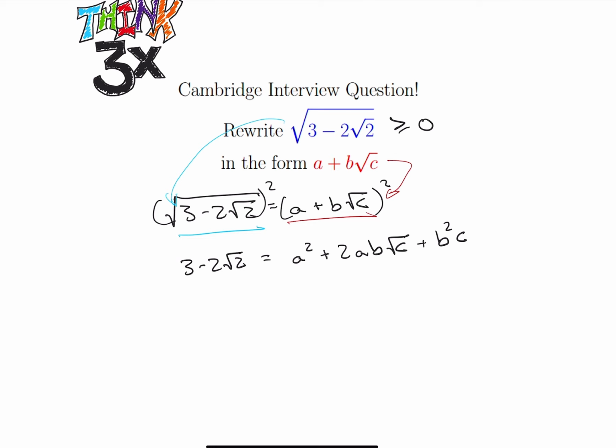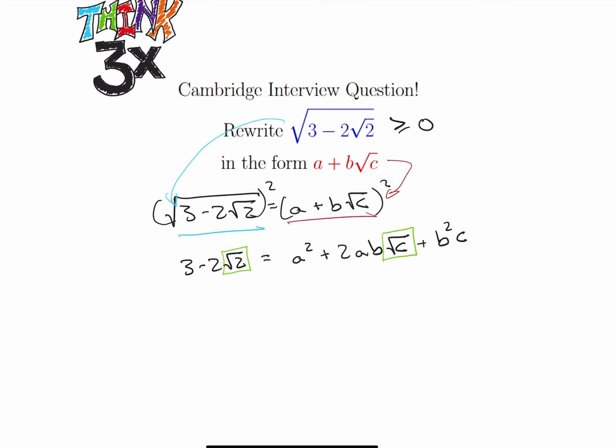What we're going to notice first is on the left we have this square root of 2, and on the right we have this one square root term. So since we have a square root term, it'd be really nice if that was just square root of 2. That way we don't have to deal with any interesting numbers for a or b. So let's see what that looks like.